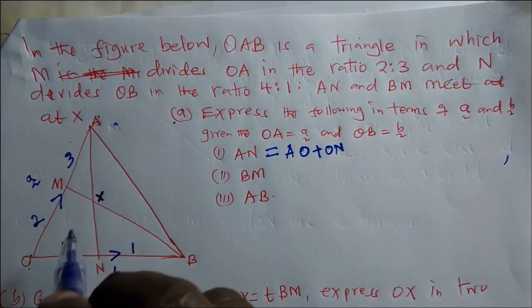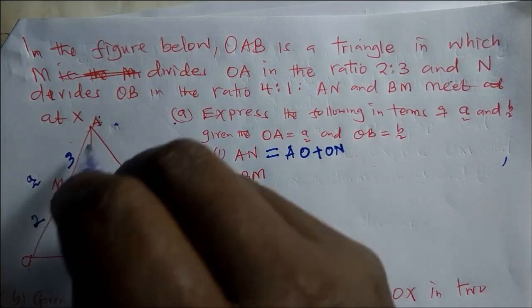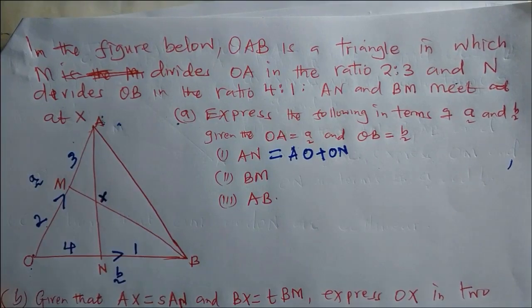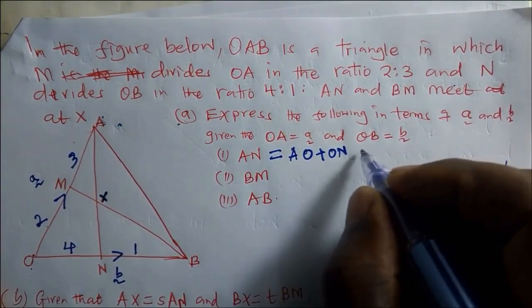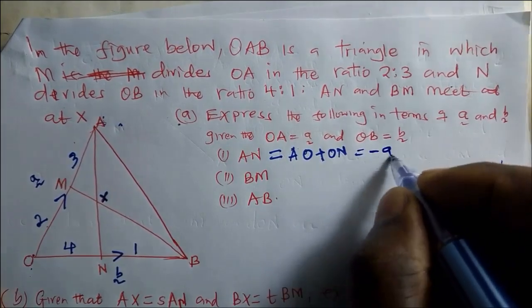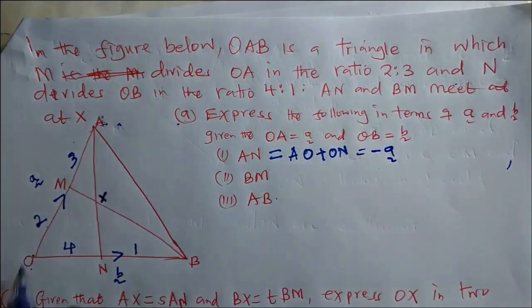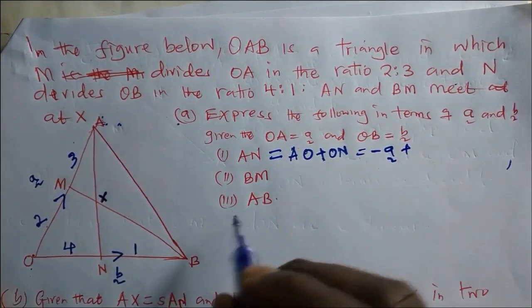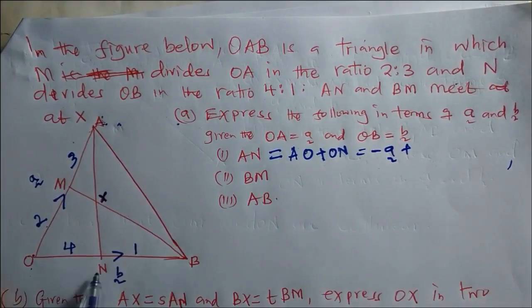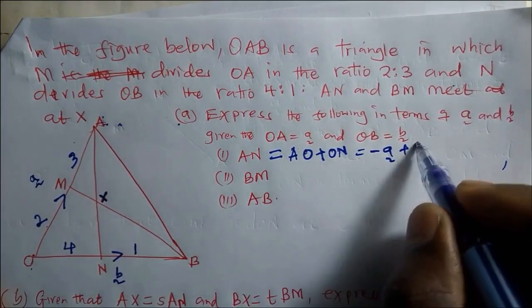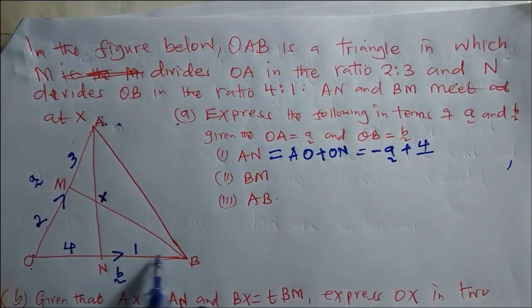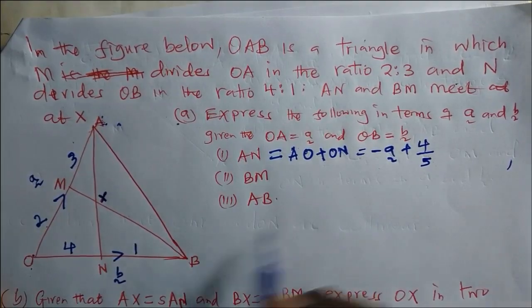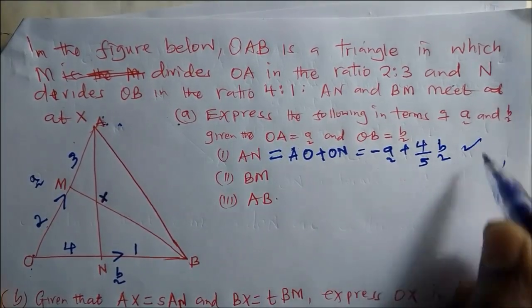Therefore it means this way A is positive, coming this way A is negative. Remember that. So this is the same as negative A, because we are coming the opposite way, plus ON. ON is 4 over the total 5. 4 plus 1 is 5. B.